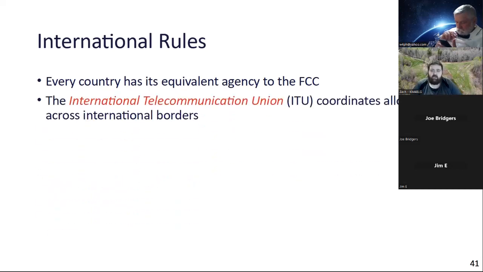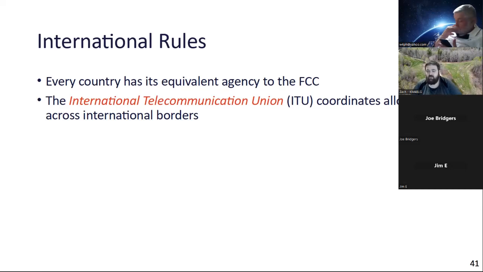They all kind of speak back to the ITU, or the International Telecommunication Union, which coordinates allocations across international borders. Basically, they kind of act like a go-between and work with the different governmental agencies in the different countries to try to get hams across the world pretty close to the same allocations everywhere. That way, hams can talk to each other.